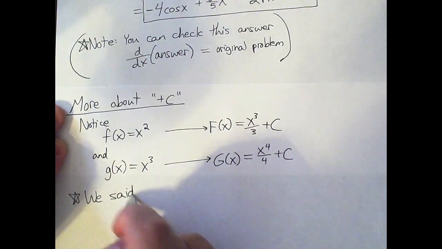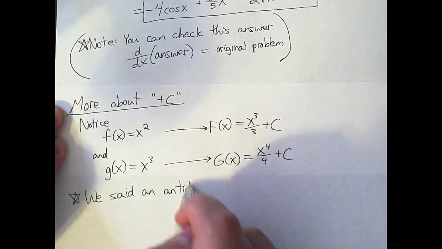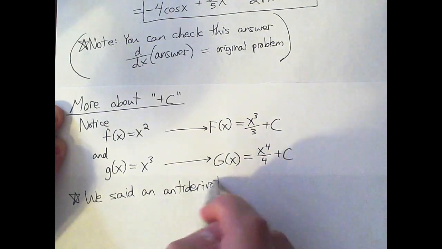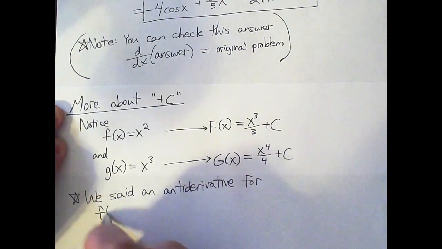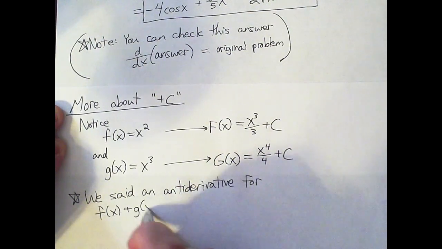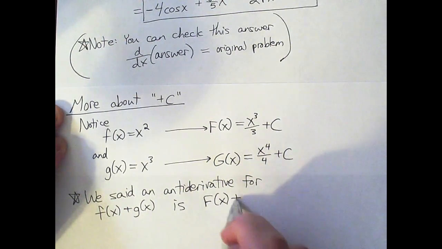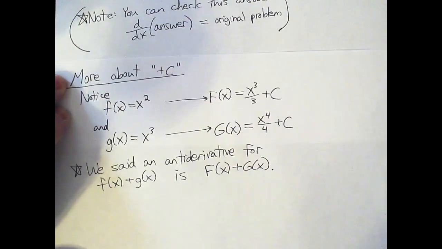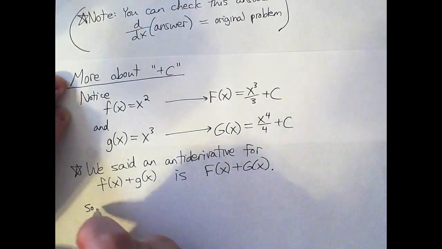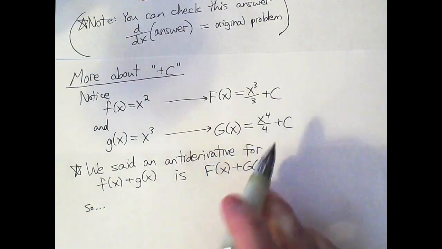Now, we said an antiderivative for f of x plus g of x is capital F of x plus capital G of x. That was that fact that I said above. So do we just add these together then?